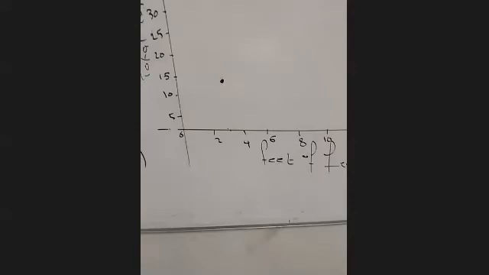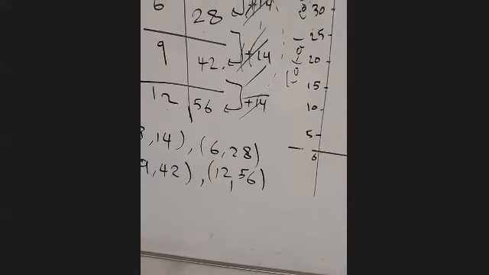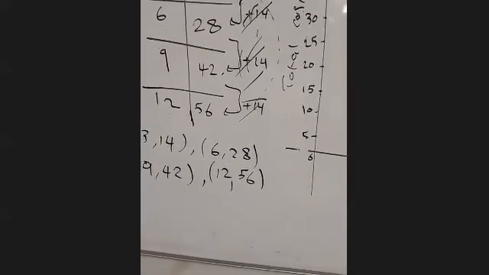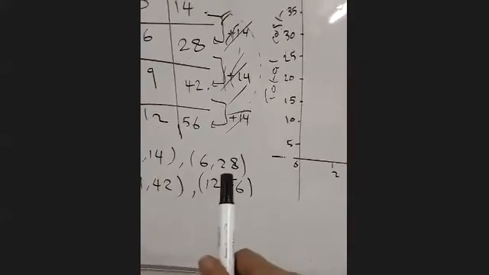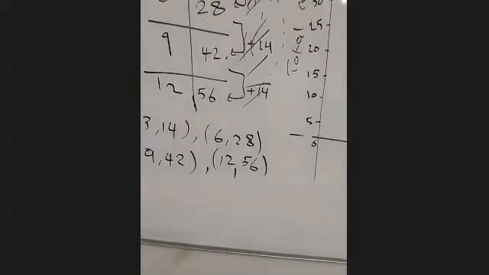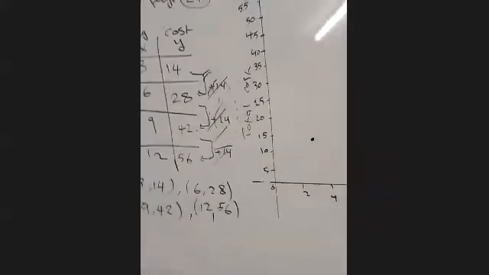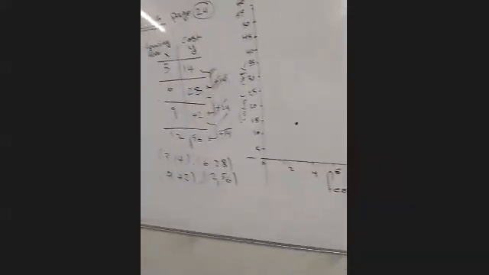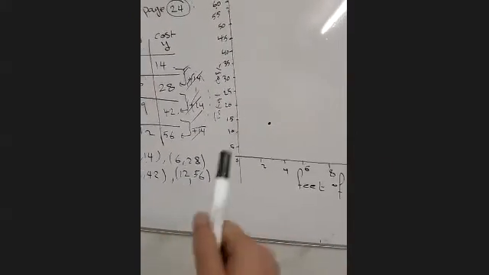Yes, Muad. Can you help me with 6 and 28, how we can plot it here? Focus, Habib, focus. 6 and 28. How do we plot it here in the coordinate plane? Yalla, help me. Do you understand the idea here? We have 6 and 28. How will we plot it here?